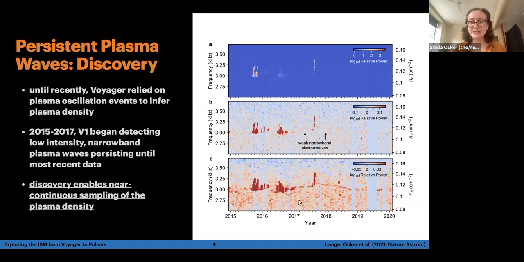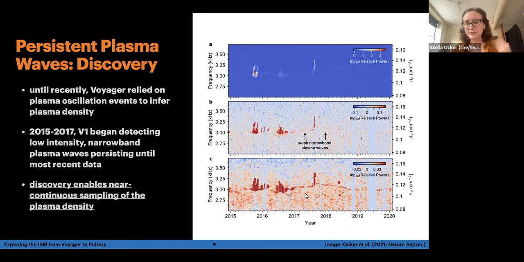So you can really see that this very narrow band signal in the plasma wave spectrum is persisting for at least 3 years of the Voyager 1 data. This discovery was very surprising because this persistent plasma wave signal was entirely unlike the plasma oscillation events that had been detected previously.